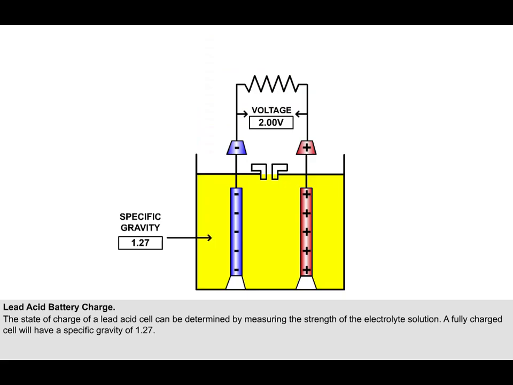When the cell is connected to an external circuit and current is flowing, the acid becomes weaker and its specific gravity falls. The voltage also slowly reduces. When the specific gravity has fallen to 1.17 and the voltage to 1.8 volts, the cell should be recharged.